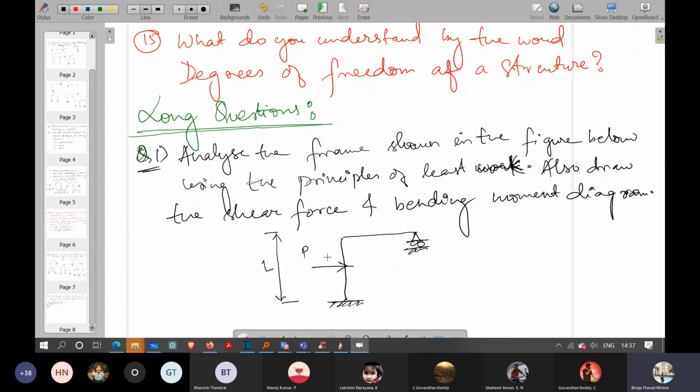This is L. This is of length L by 2, and this is 2I, and this is also 2I.